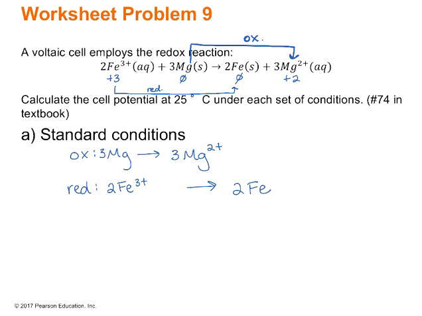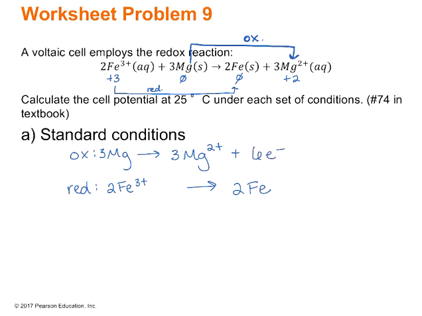So how many electrons will those 3 magnesium atoms need to lose in total to become those magnesium 2+ ions? Each magnesium is losing 2 electrons, and there are 3 of them. So that's a total of 6.